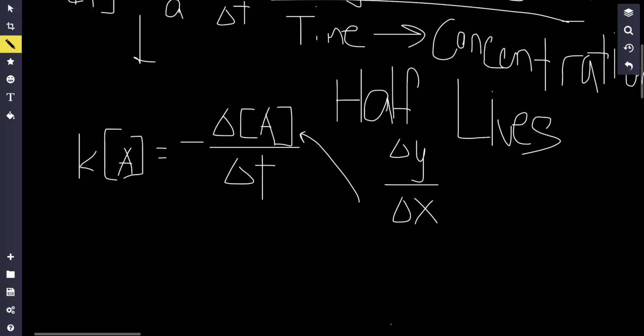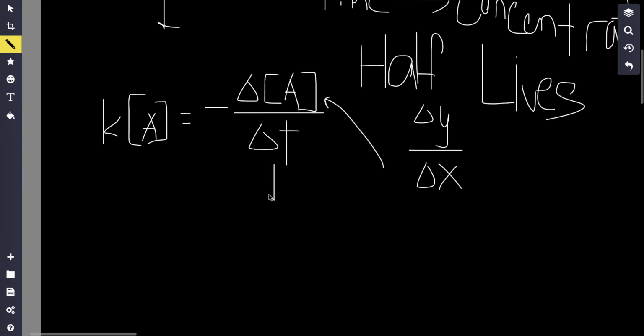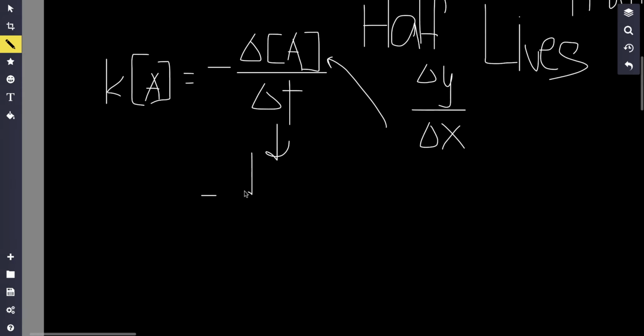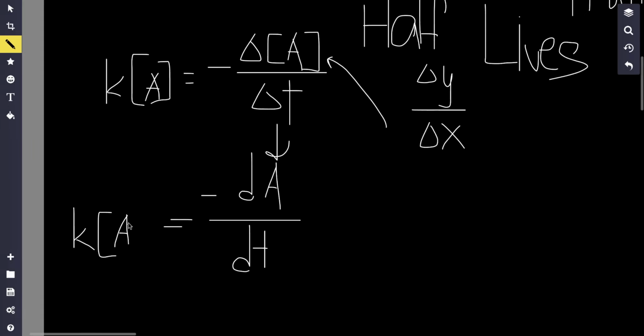You measure a tiny change in something that leads to a tiny change in something else. So I'm going to write this as negative dA over dt. For a tiny change in time, how does that affect the concentration change? That's the way you express that in calculus terms.